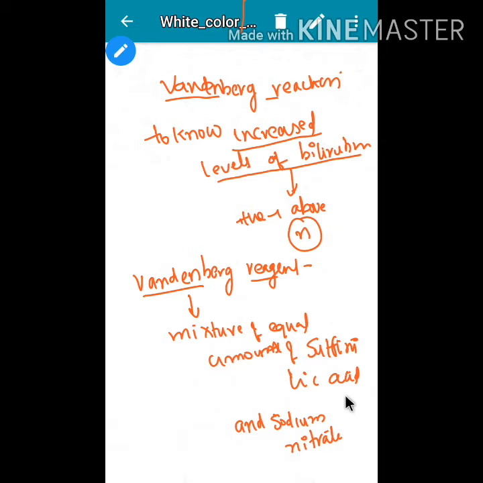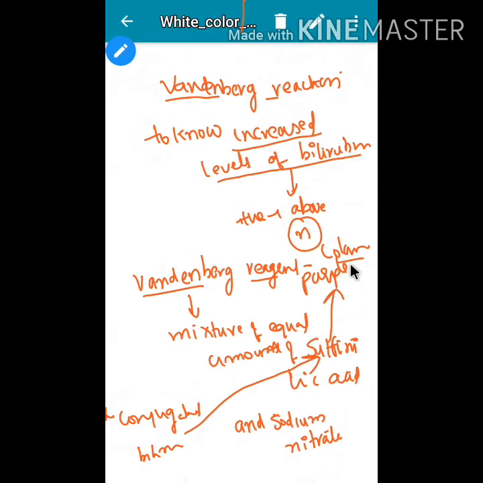The principle of this test is that conjugated bilirubin reacts with this sulfanilic acid and gives a purple color.